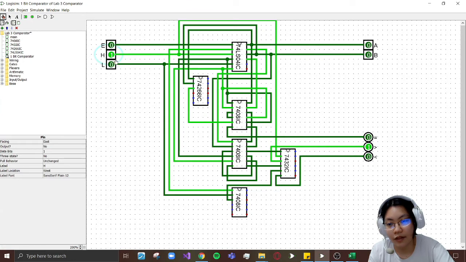So we place the high signal. Now if we try to change it by doing some combinations for A and B, it is unaffected. So that's correct.